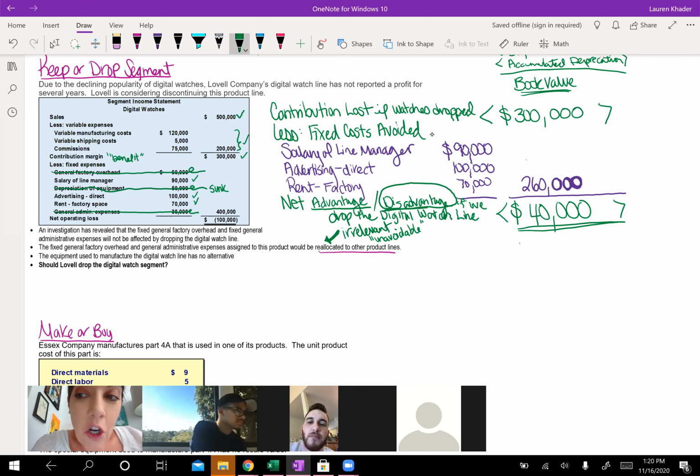Yes. Because the contribution margin that we're contributing from this product line is greater than the costs that we're actually incurring related to this digital watch line.